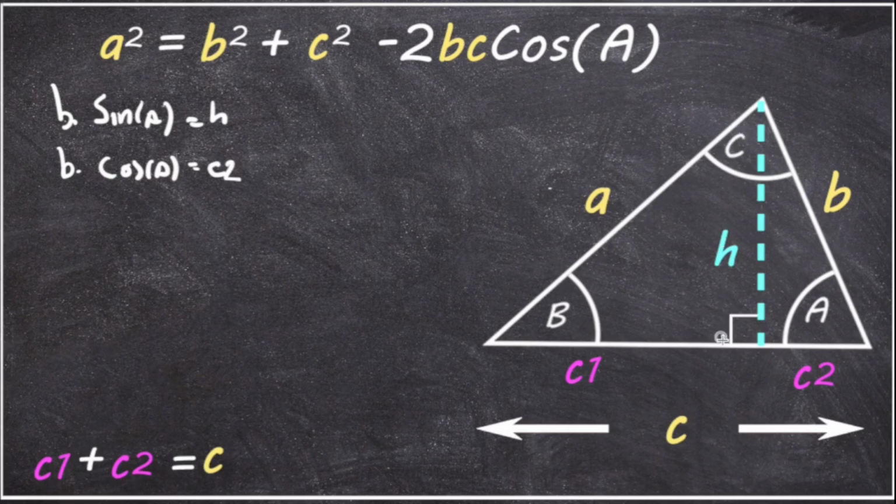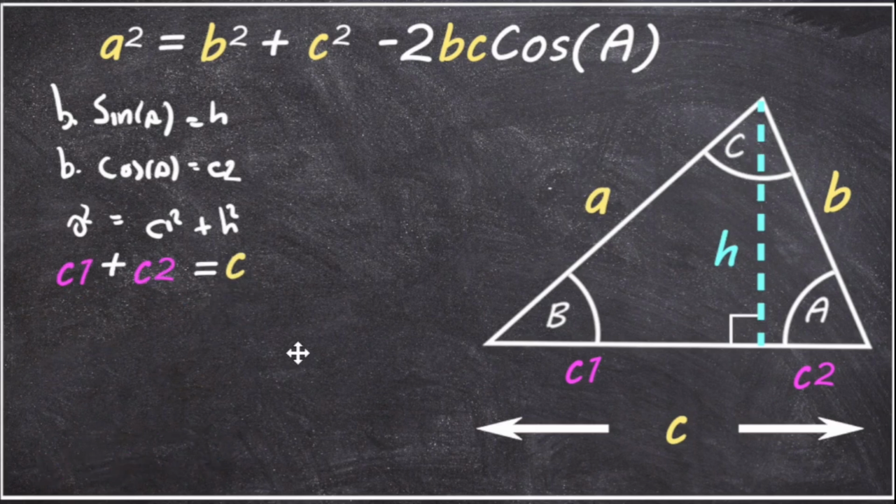So if we look at the right angled triangle that has the edge a, you'll notice that a is the hypotenuse. So then we could rewrite a squared as a sum of the other two sides squared, and that would give us that a squared equals c1 squared plus h squared, which are the base and height of the triangle that has a hypotenuse a.